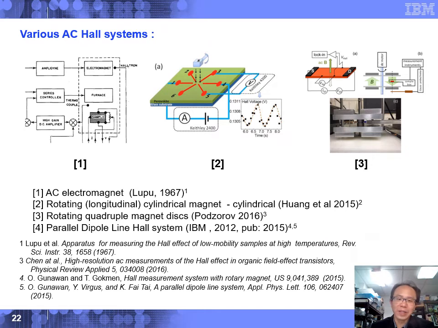So just as a note, many groups have developed AC Hall measurement, and it has been developed since as early as 1967. But what we did at IBM is a unique approach using a system called PDL, or parallel dipole line magnetic system, which I will describe shortly in the next slide.